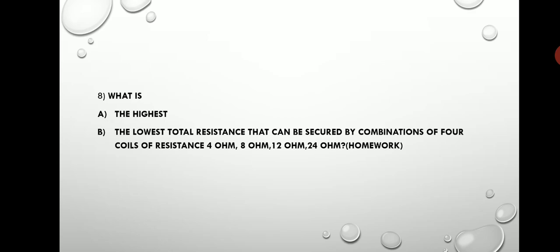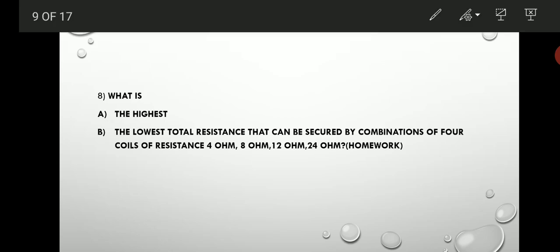When they are connected in series. Very good. When all 4 resistors are connected in series, we get the highest resistance. But when do we get the lowest? When all 4 resistors are connected in parallel.